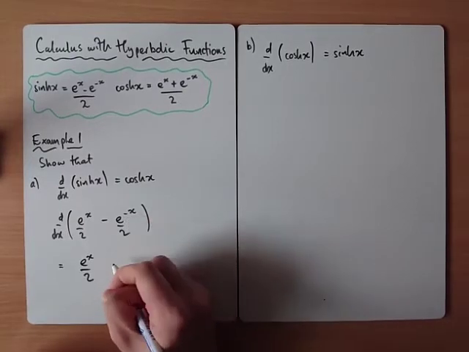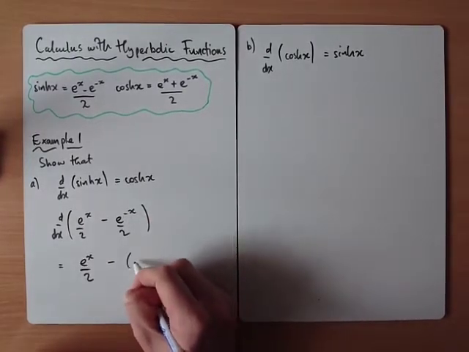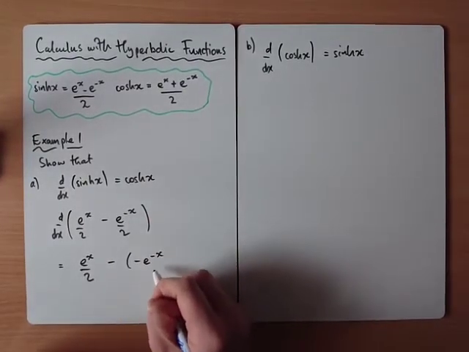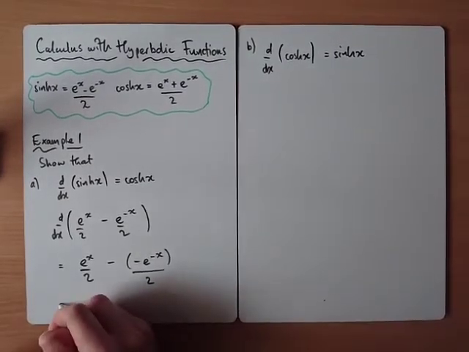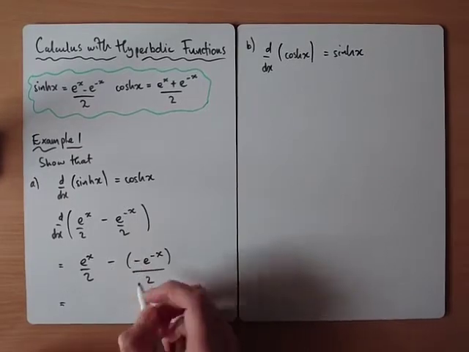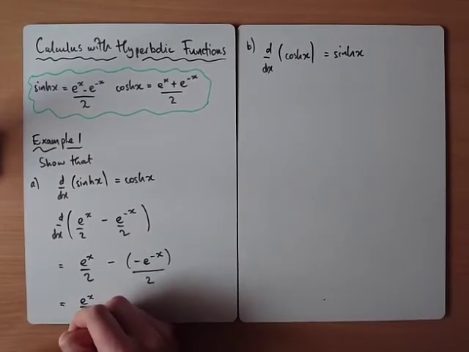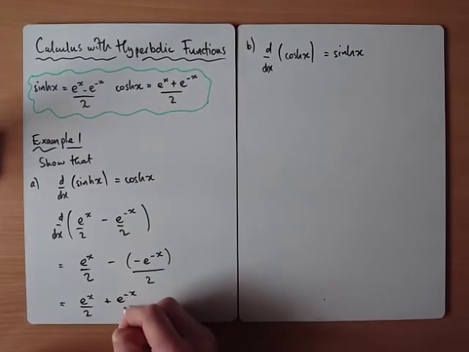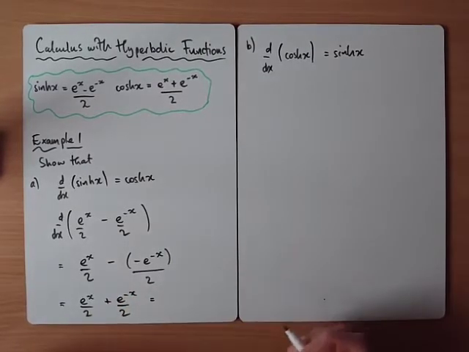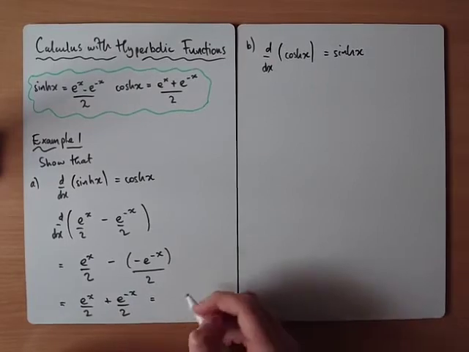The derivative of e to the minus x would be minus e to the minus x over 2, which would give us e to the x plus e to the minus x, also known as cosh x.